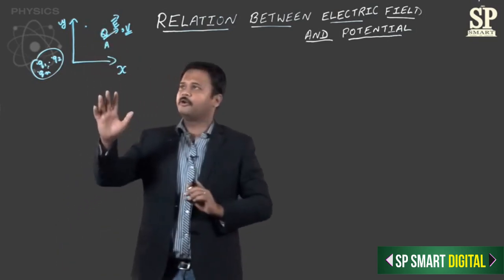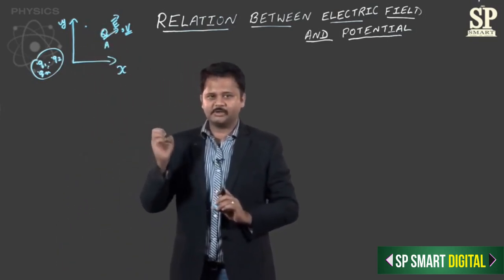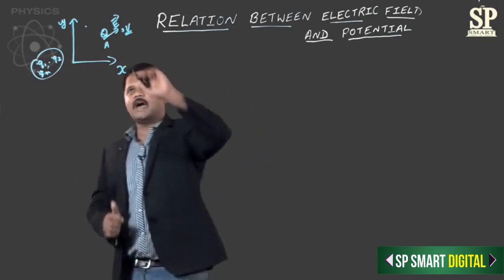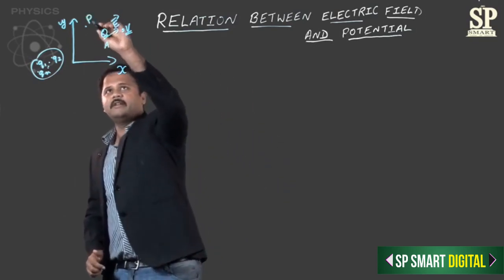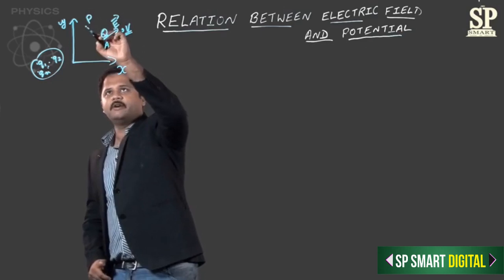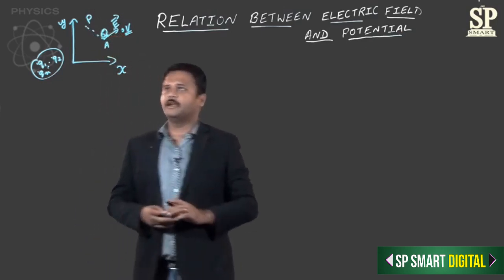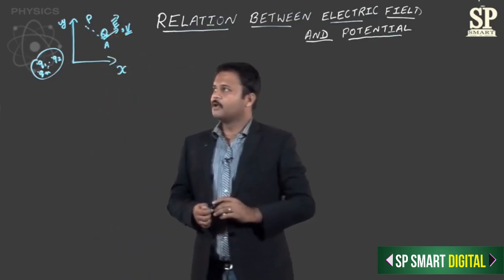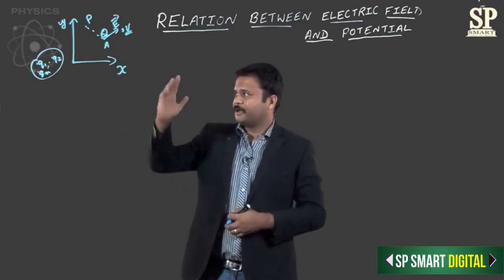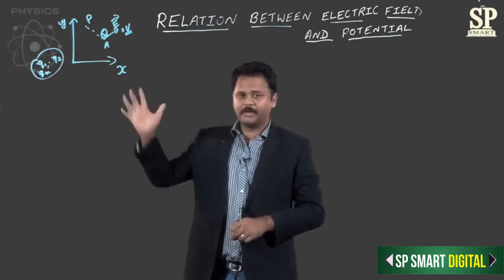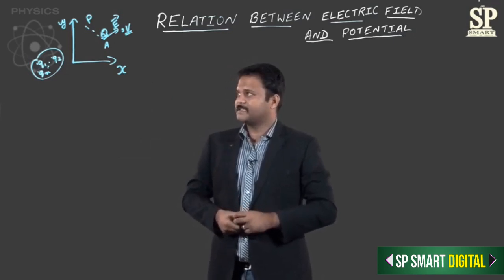Right now I'm not drawing this diagram specifically, it's just to convey this idea. So Q started from P and reached point A, in the influence of the electric field.